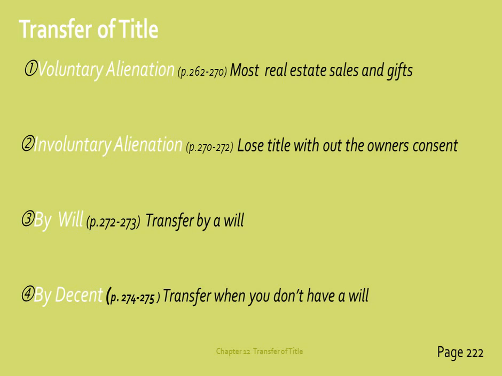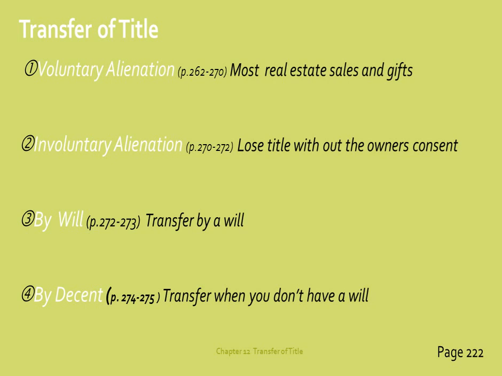They're forced to convey title. And we'll learn a little bit about when you can do this involuntarily. You can transfer title by will, and we can transfer title by a law called the statute of descent. So by will is when we transfer title when we make a will. By descent is when we transfer title because we don't have a will or our will is invalid. Those are the 4 main ways of conveying title to property.